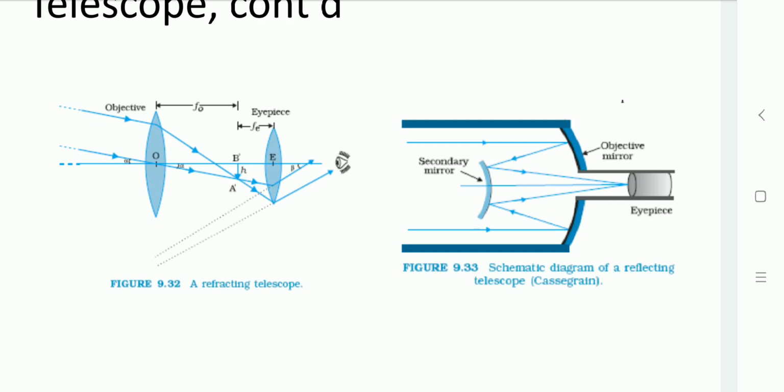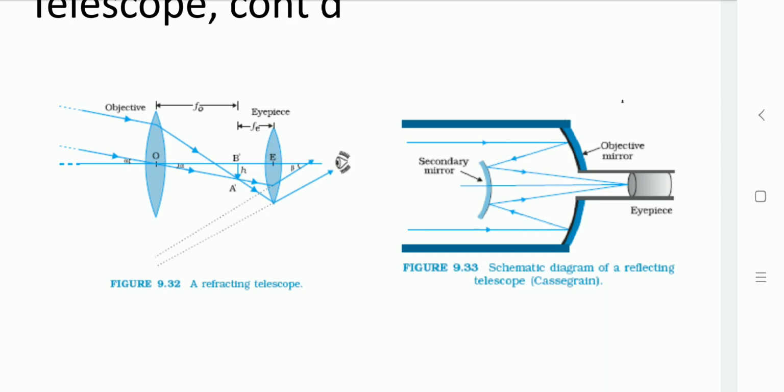The largest telescope in India is available in Kavalur, Tamil Nadu, having a 2.35 meter diameter reflective telescope. It is a ground and polished setup, and it is utilized by the Indian Institute of Astrophysics, Bangalore.